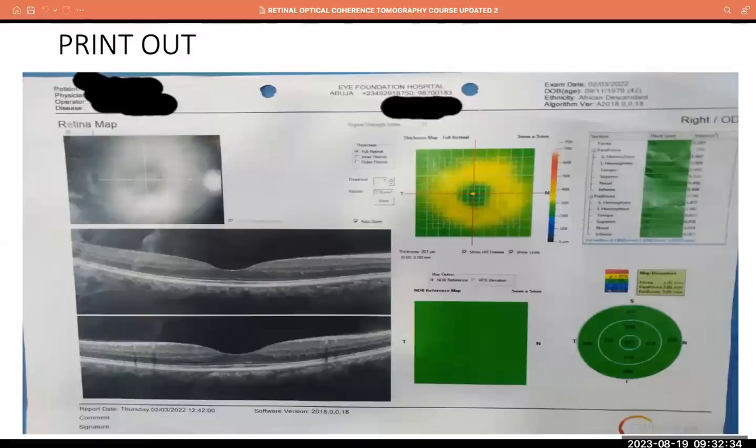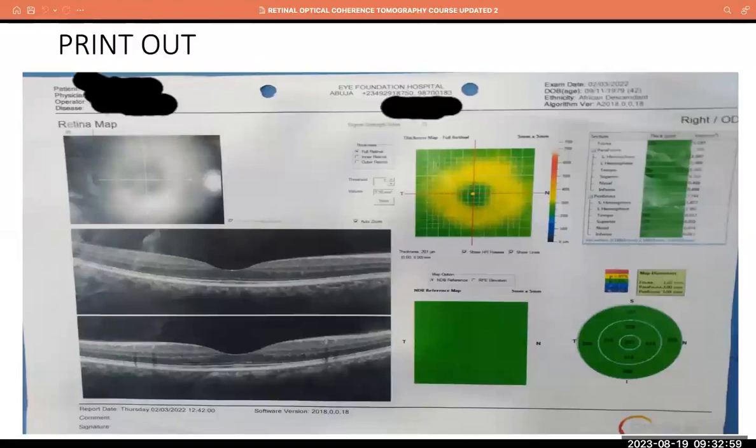The other thing to look out for here is the signal strength of the test. If you go up below the name of the hospital and come down a bit after the black covering there, you'll see a letter there, signal strength.